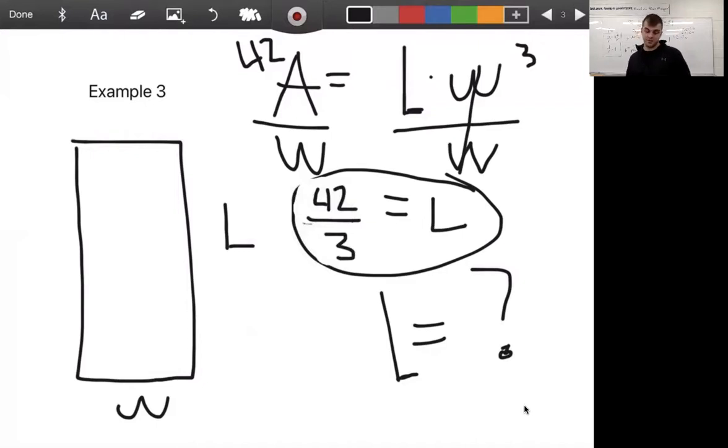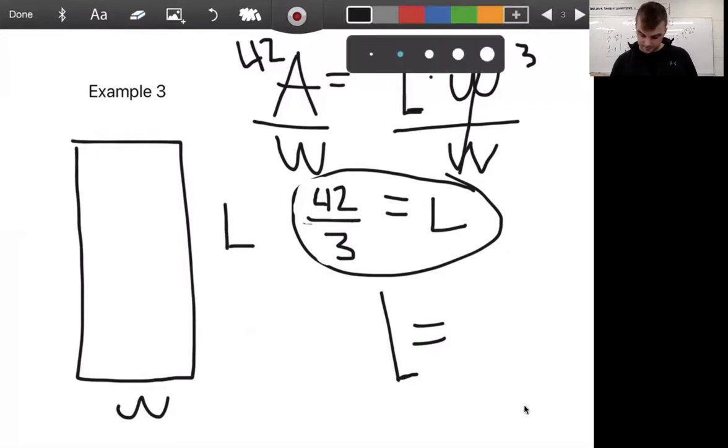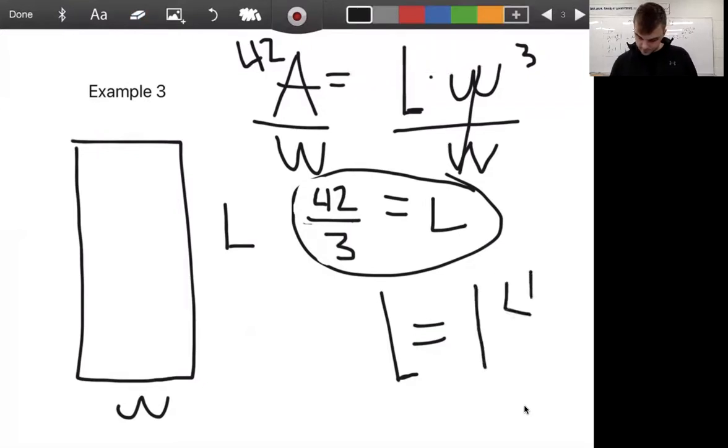I have 14 for that. 42 divided by 3 is 14, so therefore that is what your length is based on that formula. All right, so there you can flip the formula around and actually figure out your answer.